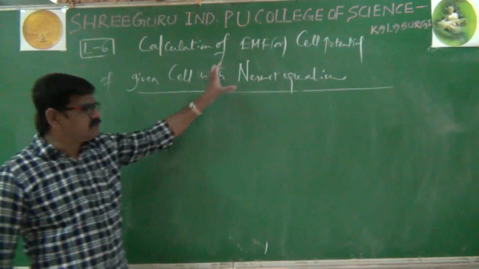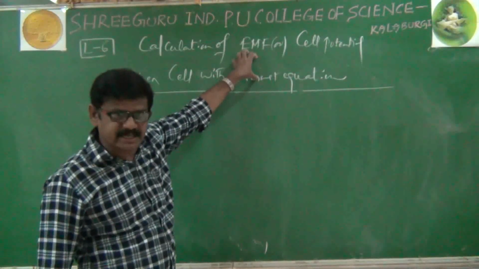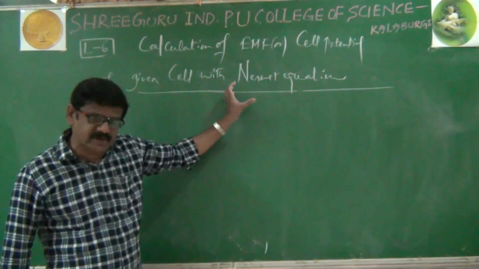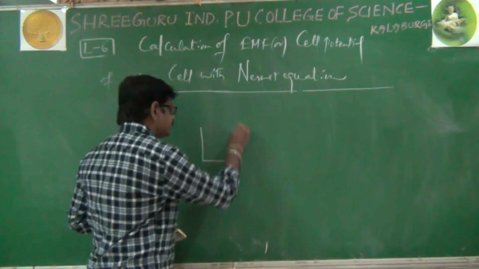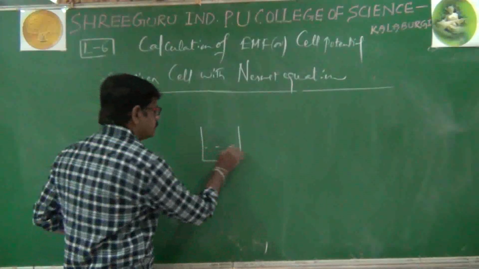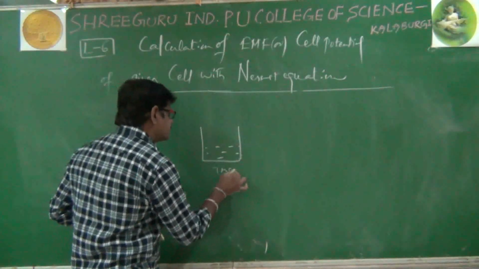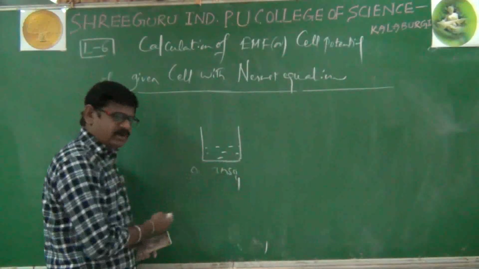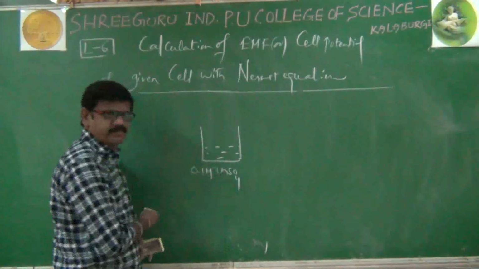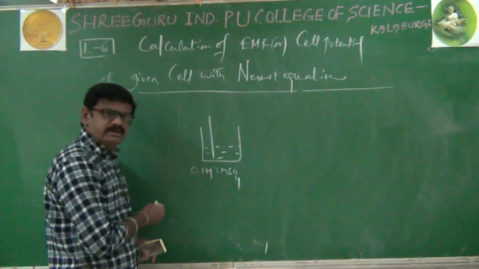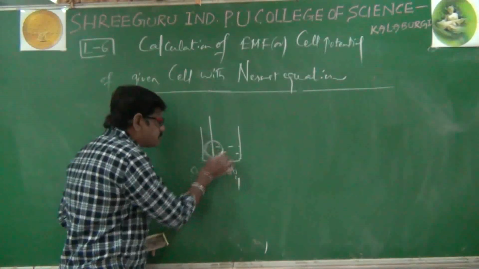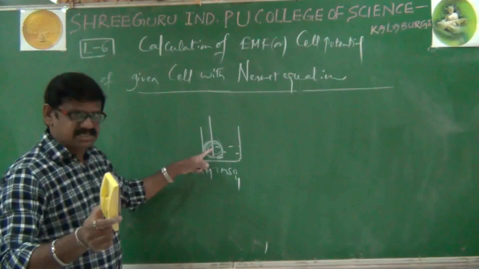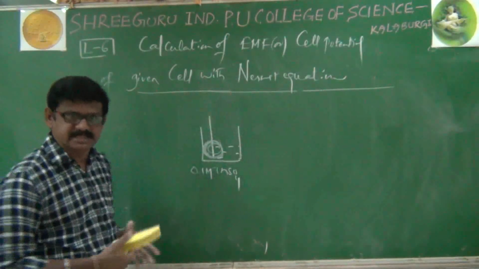Before we discuss this phenomenon, once again we'll recall the previous case where we used the Nernst equation. It is one single electrode, a zinc sulfate solution whose concentration is not 1 molar but other than 1 molar, say 0.1 molar, and a zinc rod has been dipped. Then how much potential has developed was measured with the help of the Nernst equation in the previous case.